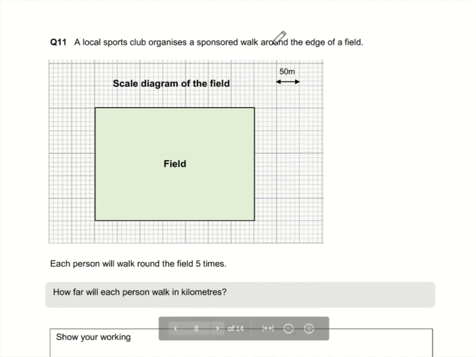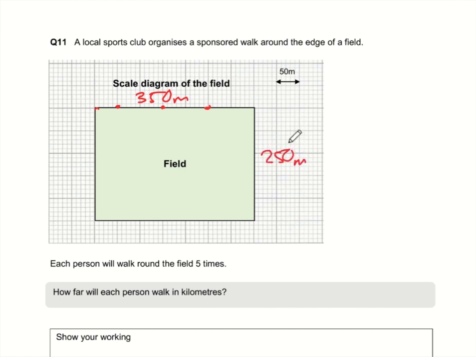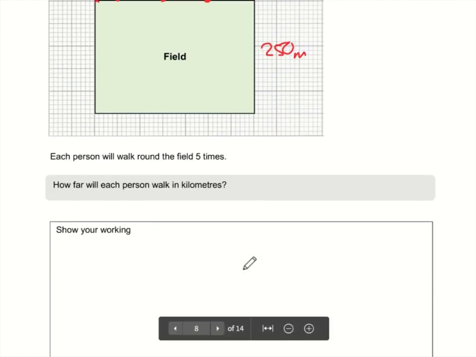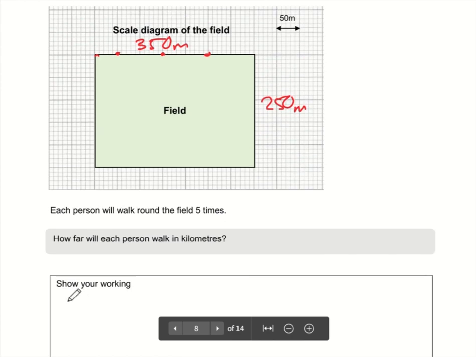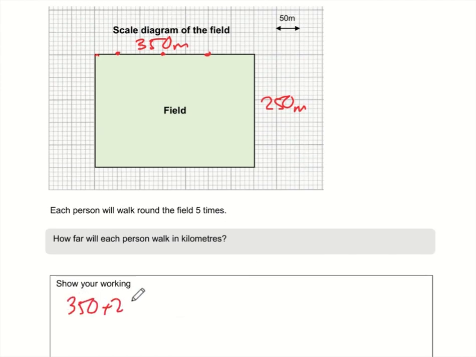Okay, so we know that 1 square is 50, so 2 squares is 100, so that's 100, 200, 350 meters, 100, 200, 250 meters. So we are going to work out the perimeter, which is going to be 350 plus 250 plus another 350 plus another 250. So that is a perimeter of 1,200 meters.